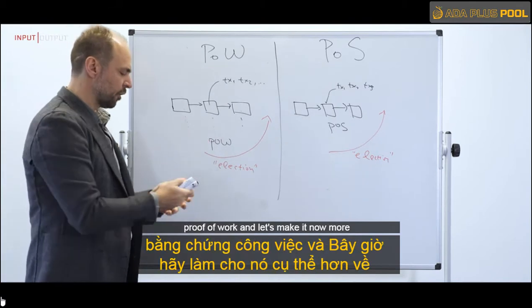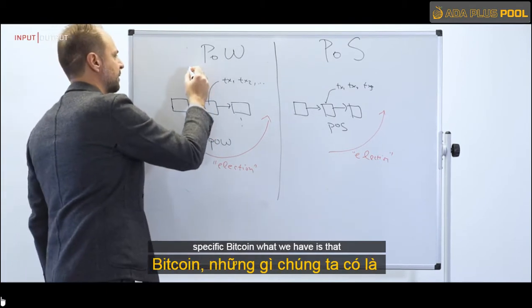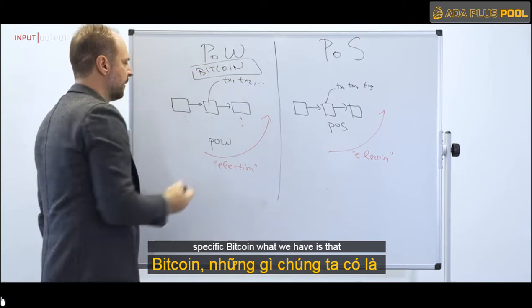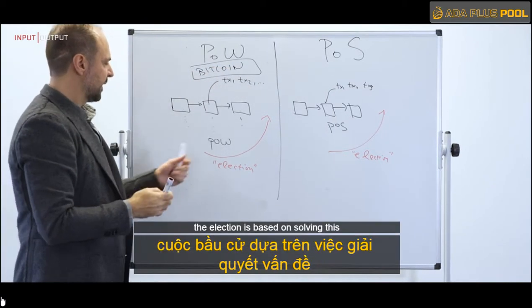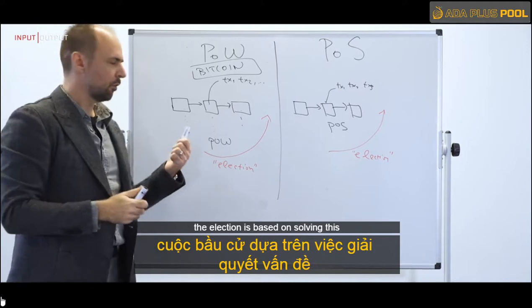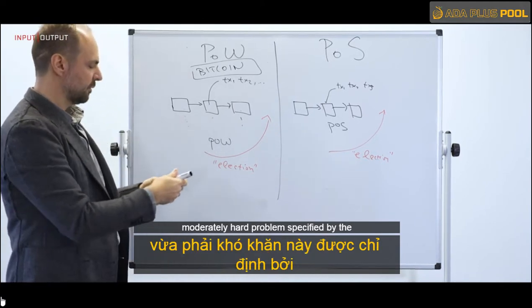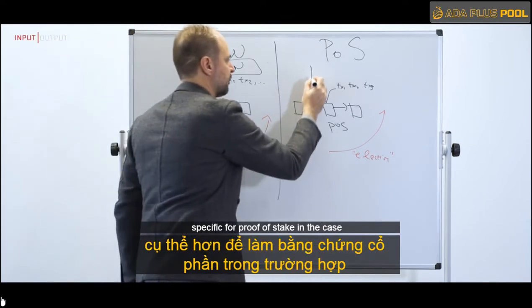In the case of proof of work, and let's make it now more specific, Bitcoin, the election is based on solving this moderately hard problem specified by the Bitcoin client. Let's make it more specific for proof of stake.